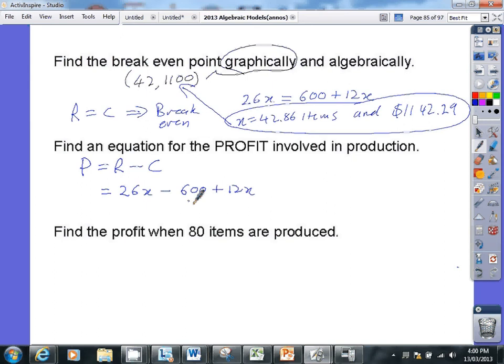Now here's a really common mistake. I want you listening to this. Listen very carefully. Students always just write this out and say, oh yep, there we go, simplify this, 26x, 12x, bring them together. You need to remember that cost has come in as a single lump, so you need brackets around it. Very common to forget the brackets.